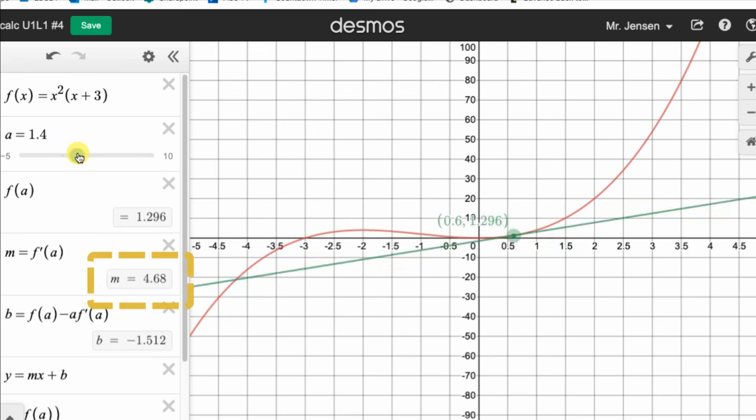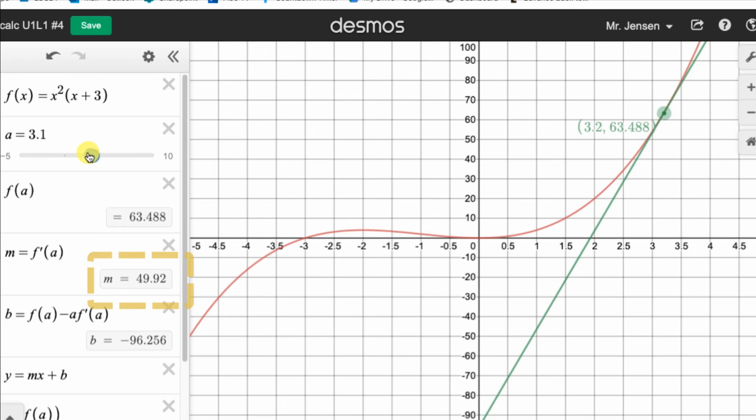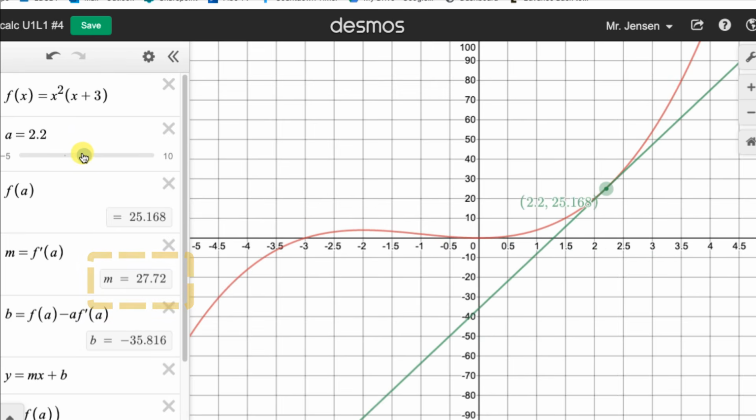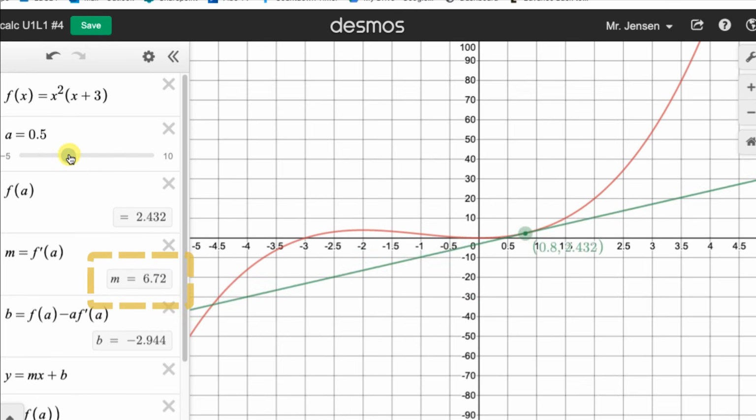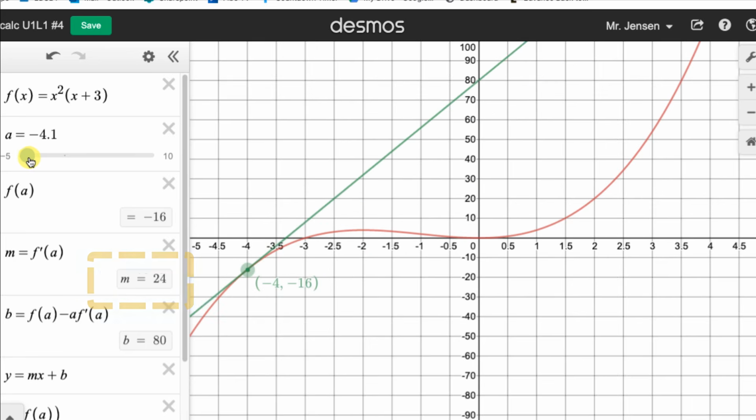I found a spot right there. The slope of that green line is 24. It happens right there when x is 2. Any other places? It looks like it would happen again right there when x is -4.